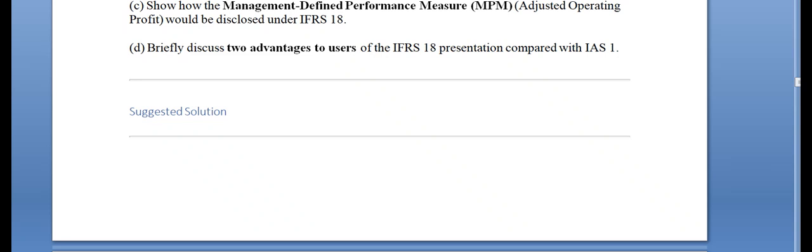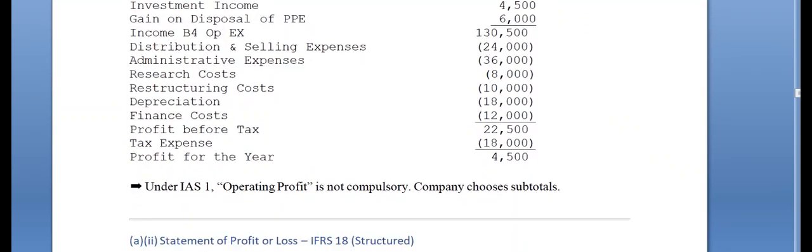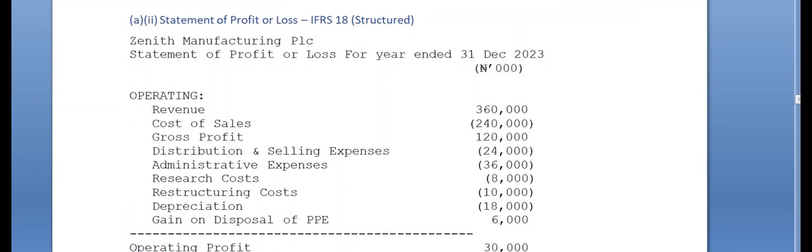But if they say management performance measure or management defined performance measure, the best way to always do the calculation is to adjust the operating profit. And how will you do it? Very, very simple. Just carry that profit before financing and taxes under IFRS 18.